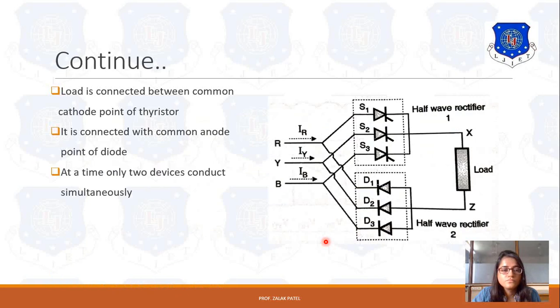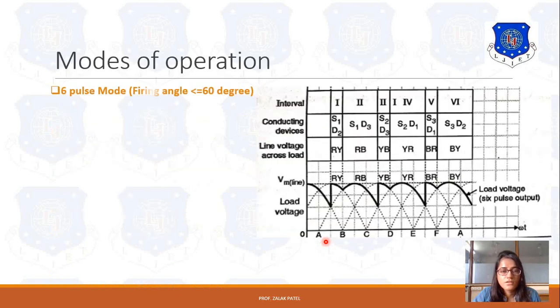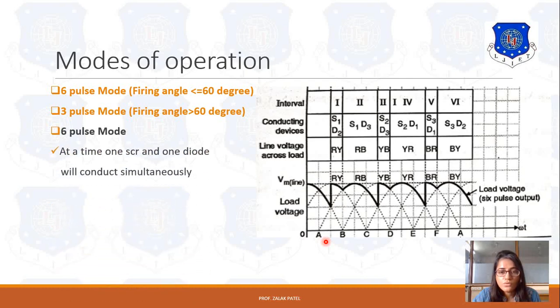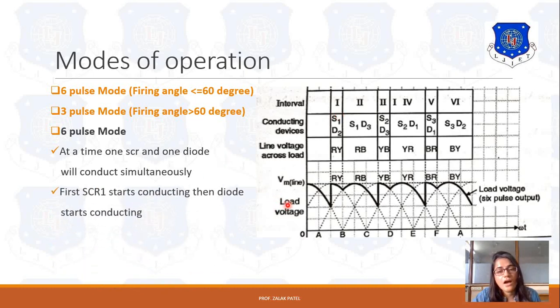So in that case you can see that for S1 and D2 the line voltage across the load is VRY. We also see the equivalent circuit, how it looks when it operates in the first interval. So first SCR1 starts conducting and then the diode starts conducting. So in that case this is the line voltage VRY across the load in mode 1.